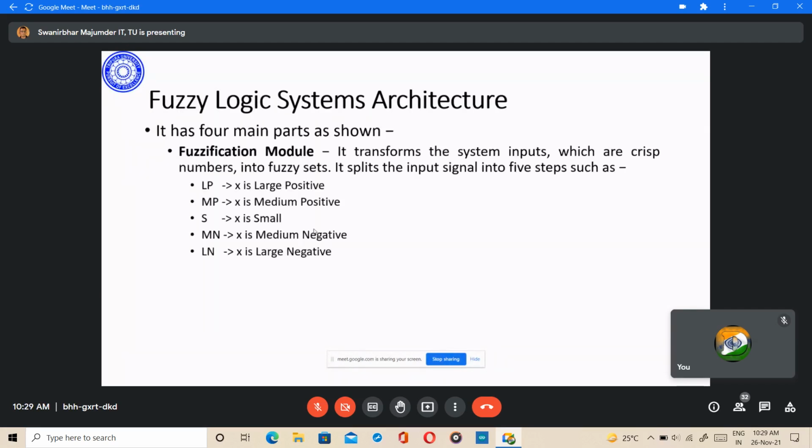The system architecture, if you see, first has a fuzzification module. In this fuzzification module, you take the voltages, which are crisp numbers, and you make the fuzzy sets. Here you can have LP, MP, S, MN and LN: large positive, medium positive, small, medium negative, and large negative.